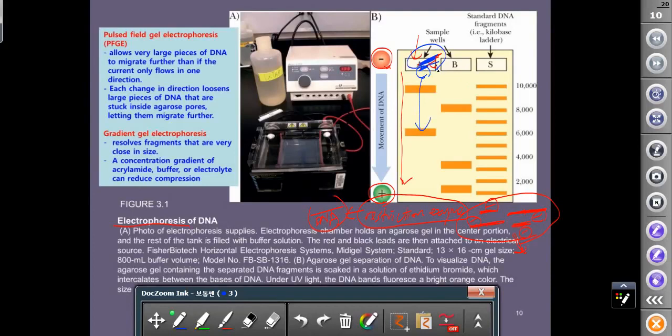This one will move more slowly than the short one. So eventually, after completing this protocol, the short one will go down to the bottom, and the longer one will be in the upper part.